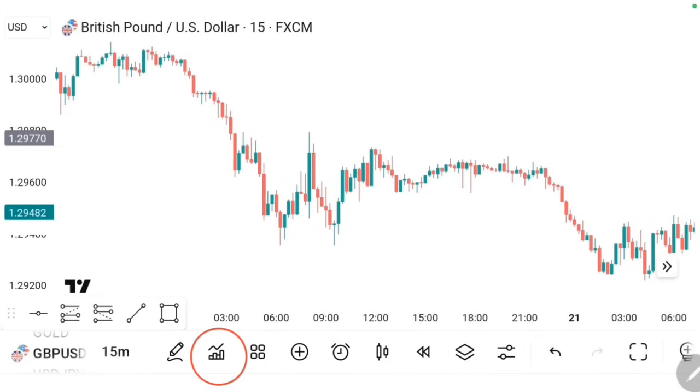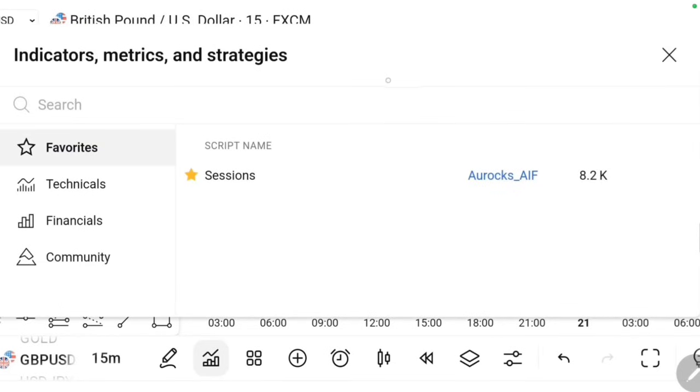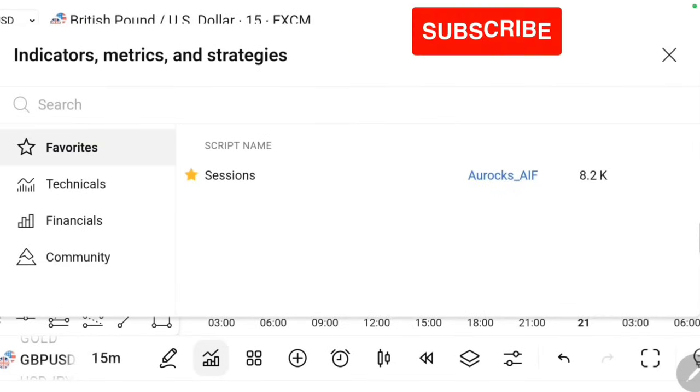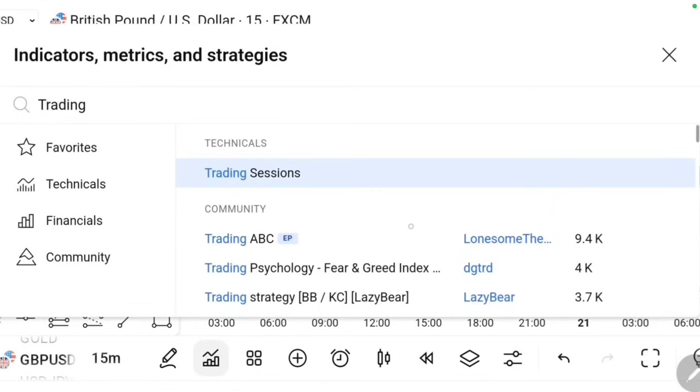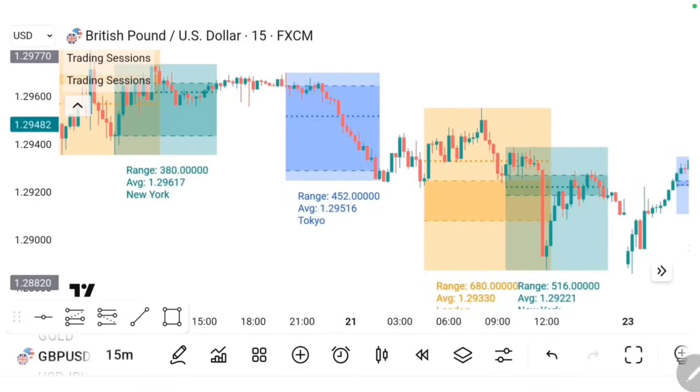The indicator you need to use is called Trading Sessions. So you type the indicator here, and you have this indicator, Trading Sessions. Very important. Once you click on Trading Sessions and apply it on your chart in this fashion, it will shade the different sessions in different colors, and it will even tell you what they are. Like here, this is the Tokyo session.